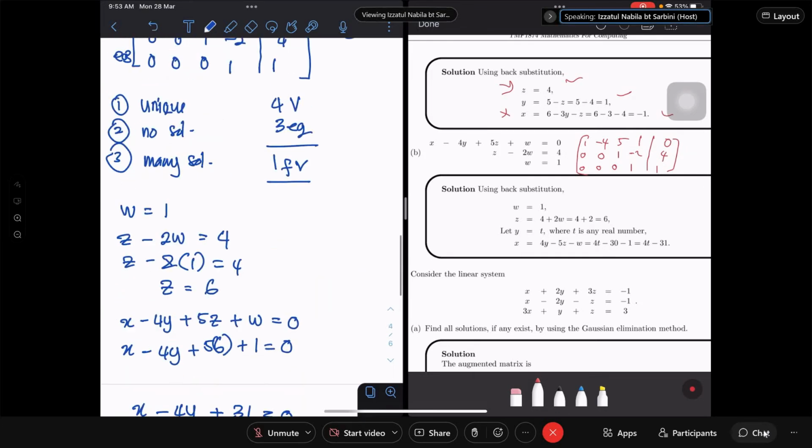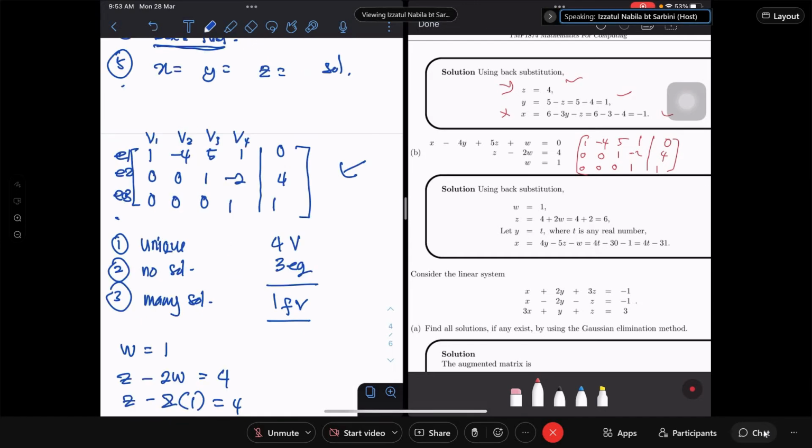Like I said, when you look at the matrix, every time you see the number of variables is more than the number of equations, you know that this system is going to have many solutions. But how many free variables do you have to let? This is how you identify: number of variables minus number of equations. 4 minus 3, 1 free variable.